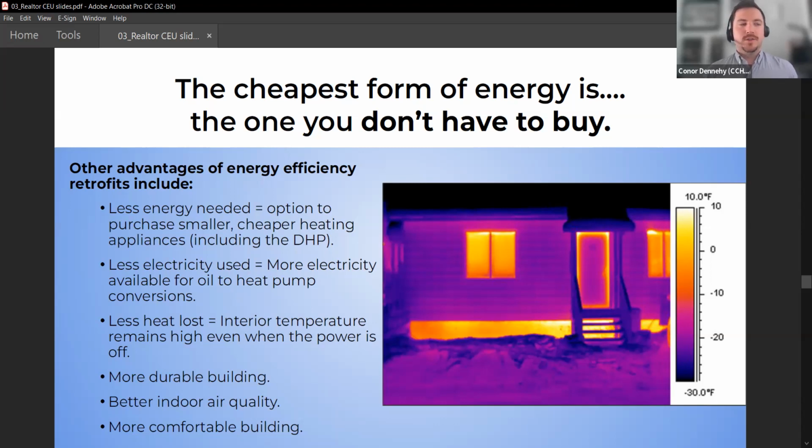And once we address some of those things, you can wind up getting a smaller heat pump, smaller solar PV system. They'll have a more comfortable home in general, so they're more likely to appreciate the equipment that's gone in. And all of these things lead to more durable building, and ideally it'll have better air quality.